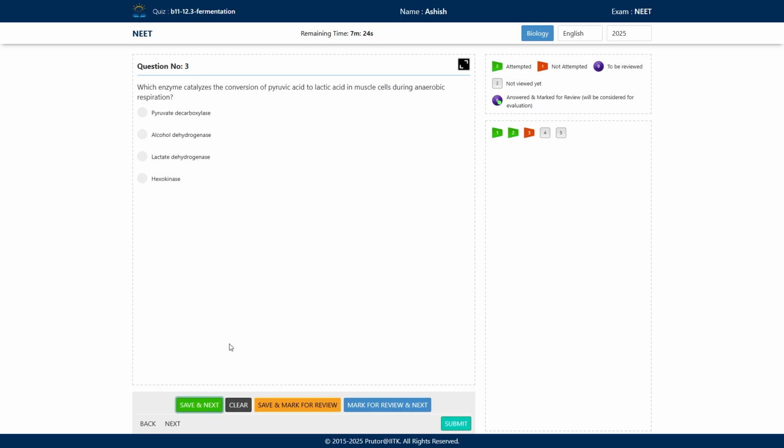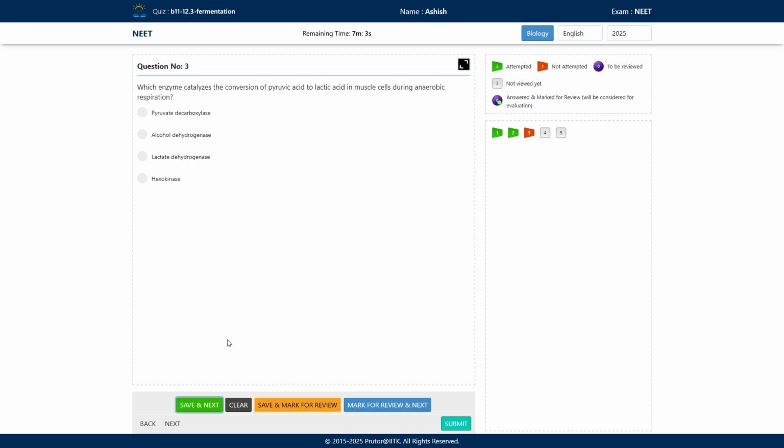Which enzyme catalyzes the conversion of pyruvic acid to lactic acid in muscle cells during anaerobic respiration? Option A, pyruvate decarboxylase. Option B, alcohol dehydrogenase. Option C, lactate dehydrogenase. Or option D, hexokinase.